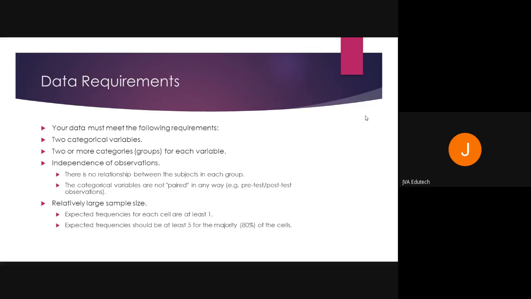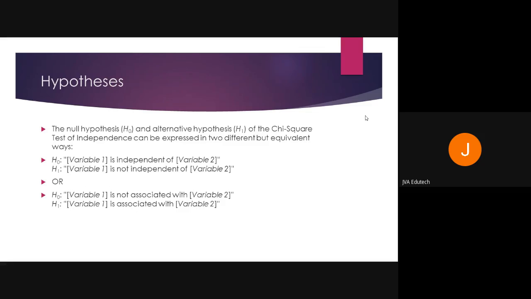You should have a relatively large sample size because expected frequencies for each cell should be at least one, and expected frequencies should be at least 5 for the majority, 80%, of the cells. So you should have a relatively large sample size, means your category should at least have a frequency of 1.